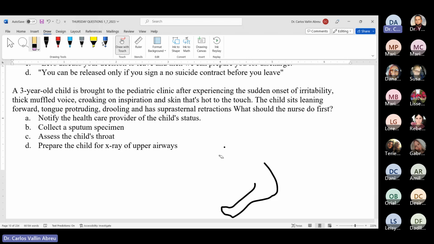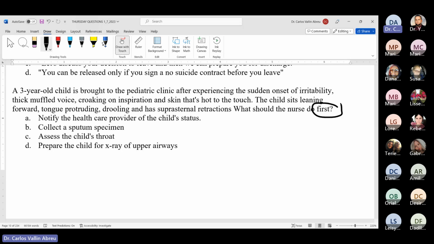Notice that in these NCLEX-style questions, they don't say the word epiglottitis. With the symptoms and signs that they give you, you need to diagnose epiglottitis. And then the question is what you do first.